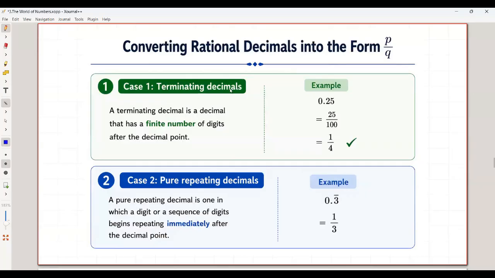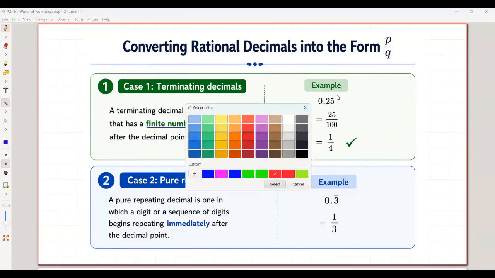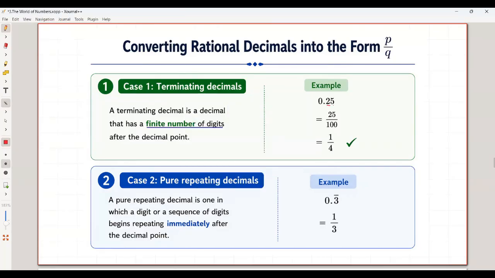If it's given 0.25 and you want to write this in p by q format, it is 25 by 100, which is 1 by 4. That means it has a finite number of digits, which we can count. After the decimal point we have two digits alone.